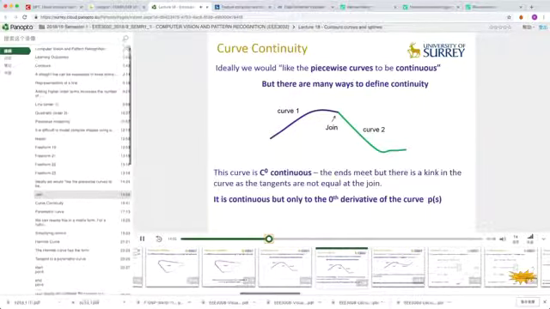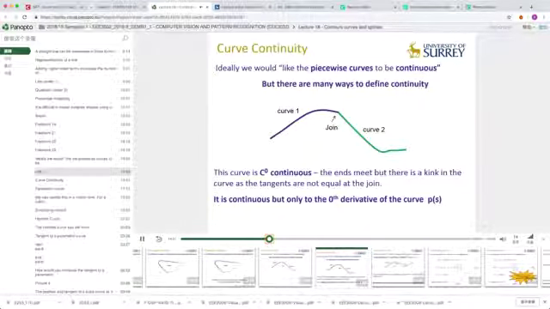We have this notation, capital C with a superscript, to describe the different orders of continuity of a curve. And this one is C0 continuous because although the start and end points meet at the same point, higher order derivatives of that cubic curve equation are not continuous. You can kind of see that here.